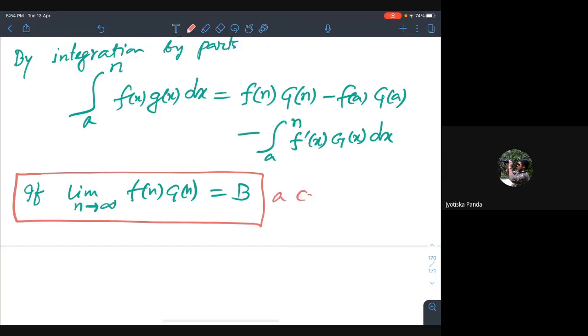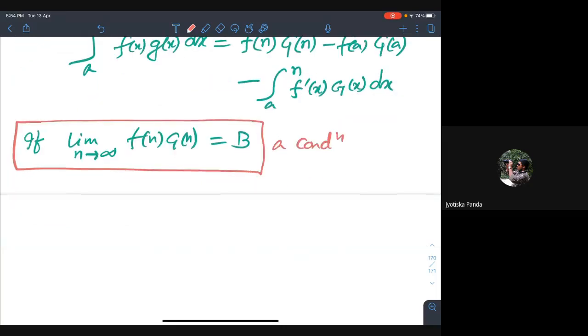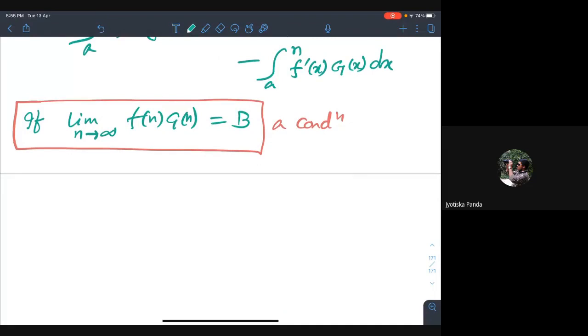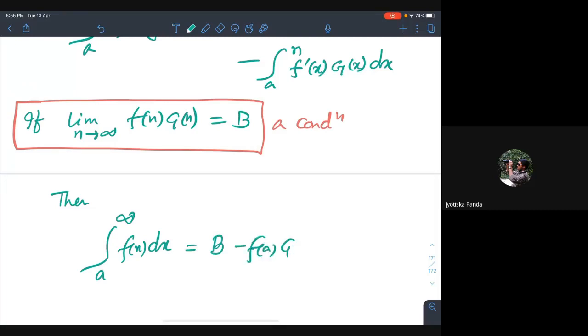This is a condition or an assumption. Then, if this is b, we have the integral from a to infinity of f(x)g(x) equal to b minus f(a)g(a) minus the integral from a to infinity of f'(x)g(x) dx.